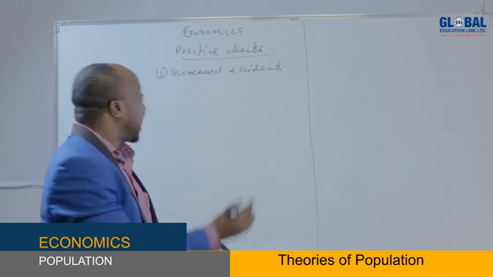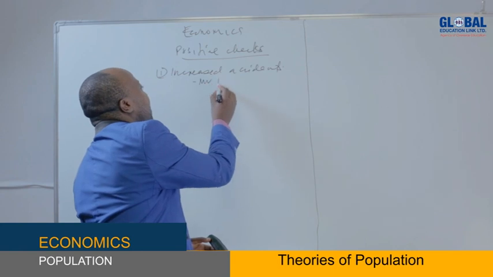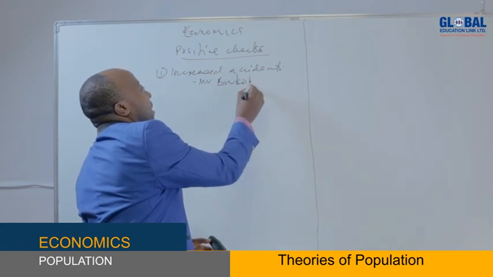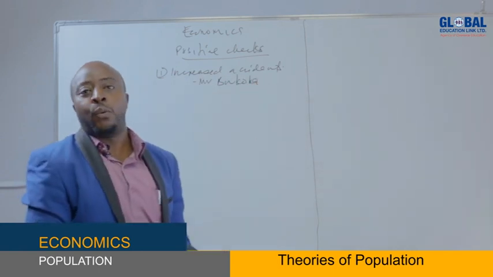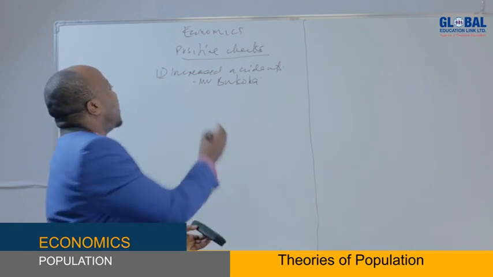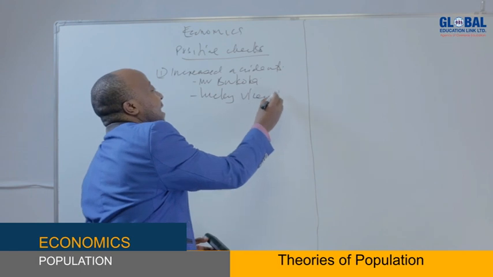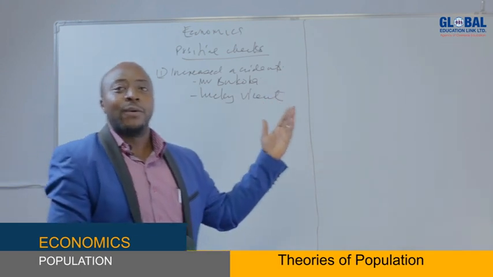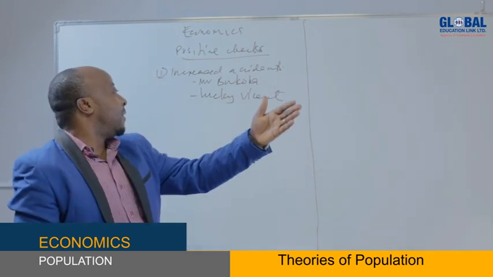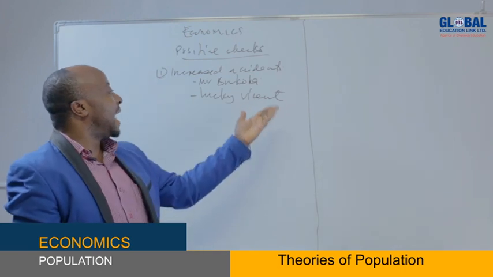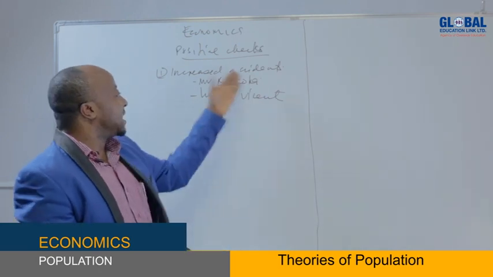For example, we can give the example of the MV Bukoba, and we can give the specific year when it happened. We have the Lucky Vicent accident, I think it was in Arusha, where that school had a very big accident. So these are some examples.